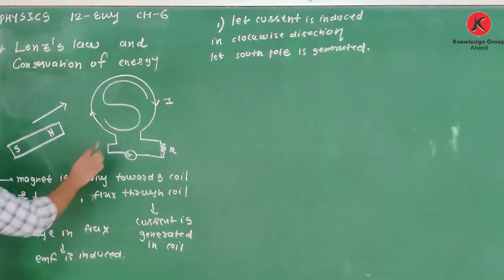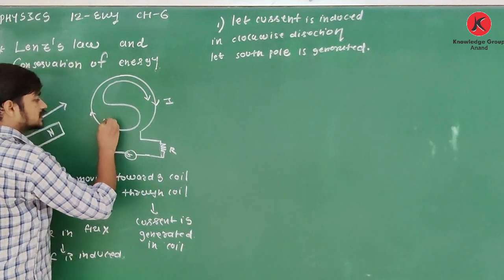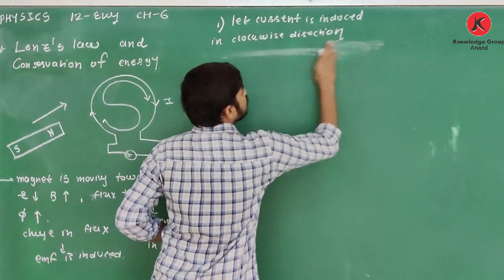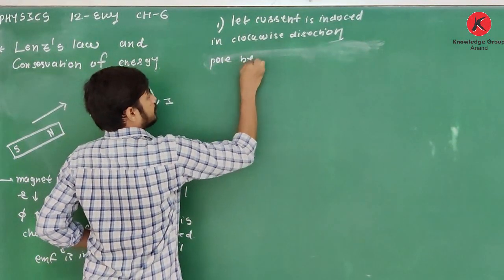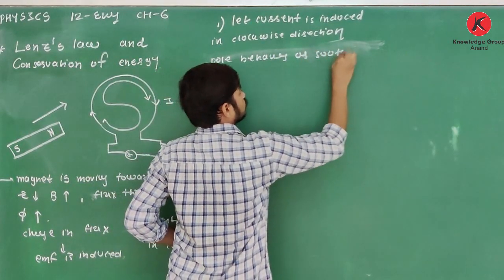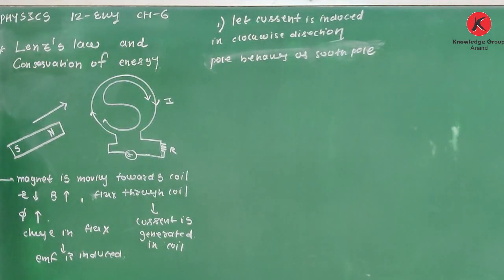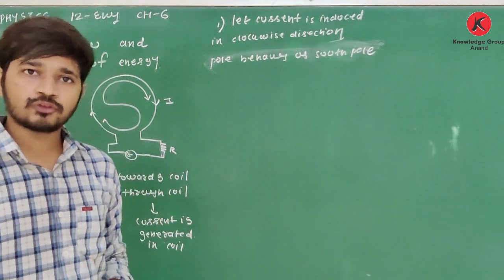Assume current is flowing in the clockwise direction. So this pole, facing the magnet, behaves as a south pole. Now, it is a north pole and this is a south pole, so between the north pole and south pole there is an attractive force.